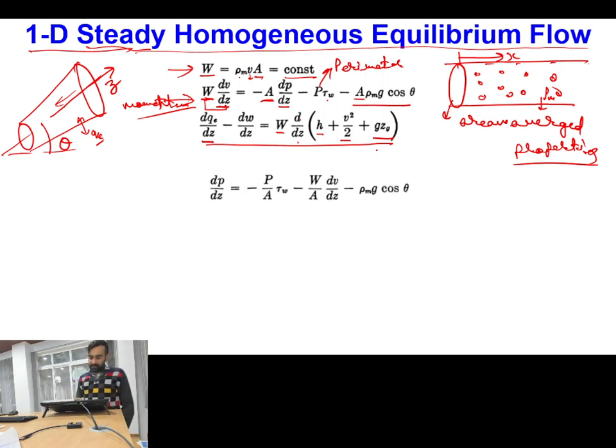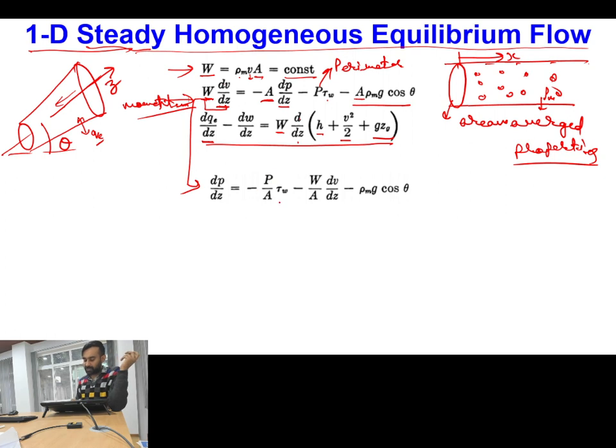Now, this particular second equation, the pressure equation, because as an engineer, my interest is majorly in determining the pressure drop. Okay, so my interest is in determining the pressure drop. So, if I take the pressure drop to the left hand side, I can write dp by dz equal to, I will divide with minus A throughout the equation.